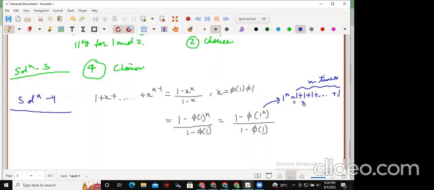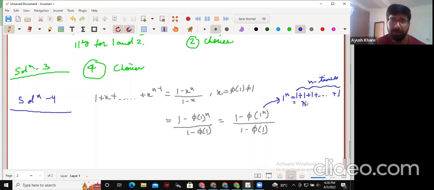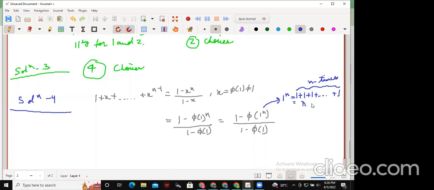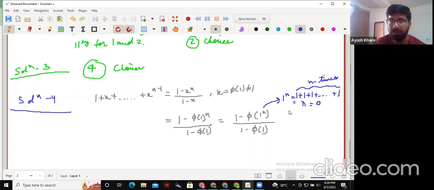Yes, sir. Okay, and what is the value of n in Z modulo nZ? 0. So it's 0. Now can you guess what's the answer? It is 1 minus phi of 0. What is phi of 0 when phi is a homomorphism?